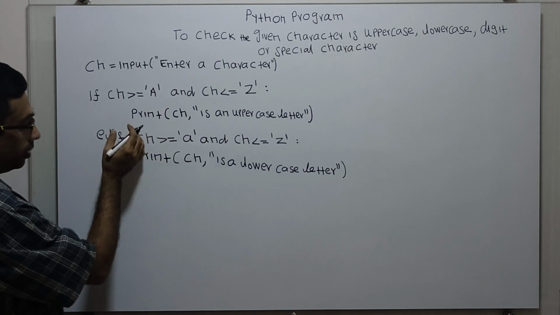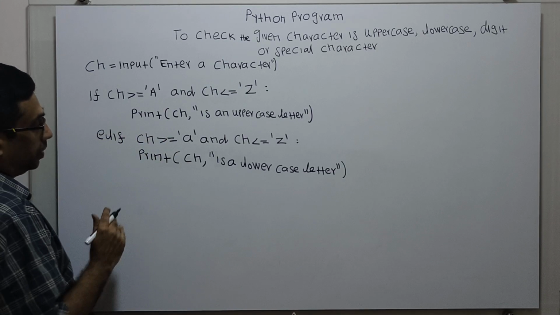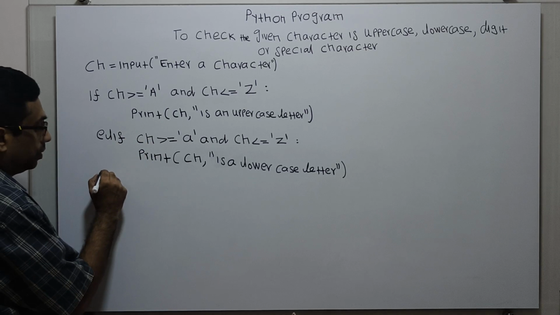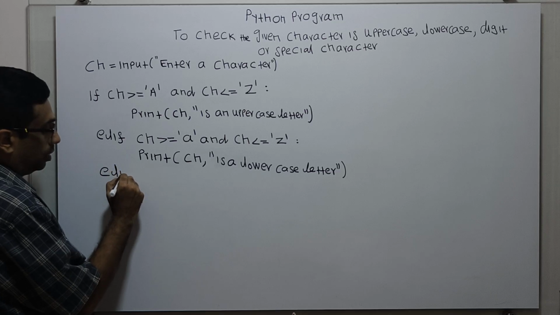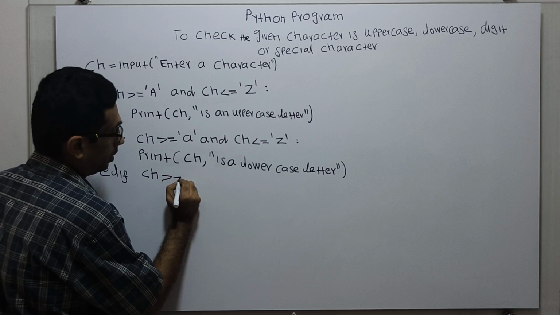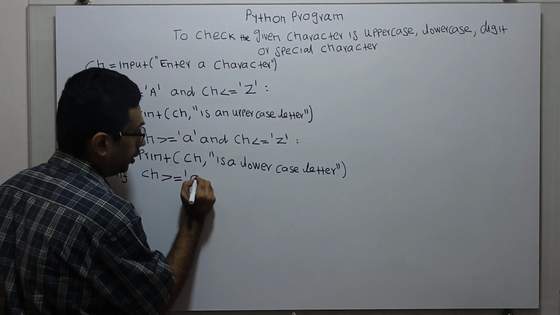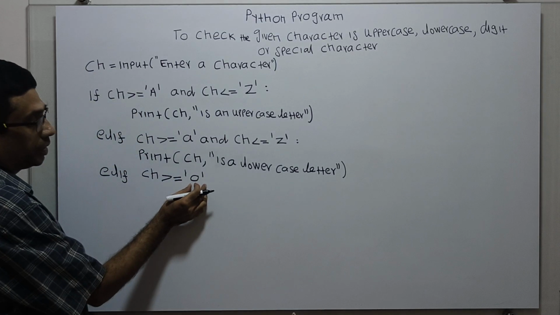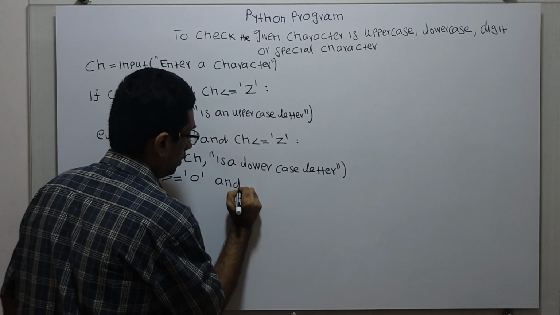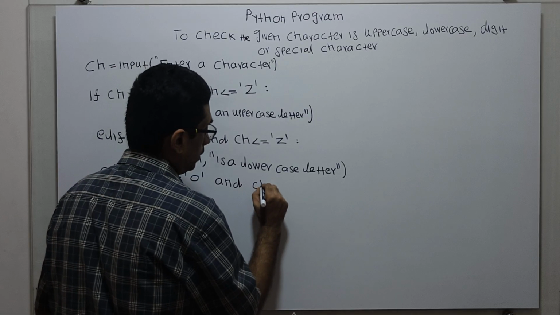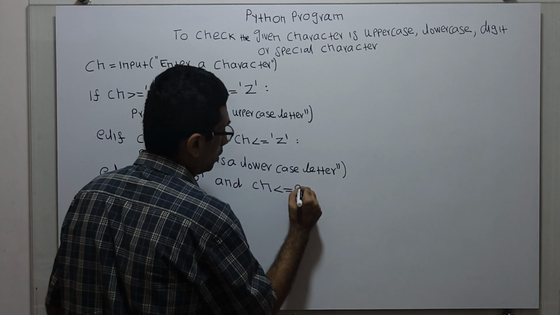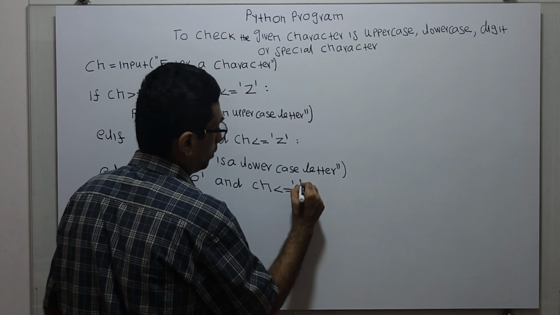If this condition is also false, the control will come to the next elif statement, otherwise it will come out of the entire if elif else structure. Elif ch greater than or equal to 0, 0 is a character here, and ch less than or equal to 9.